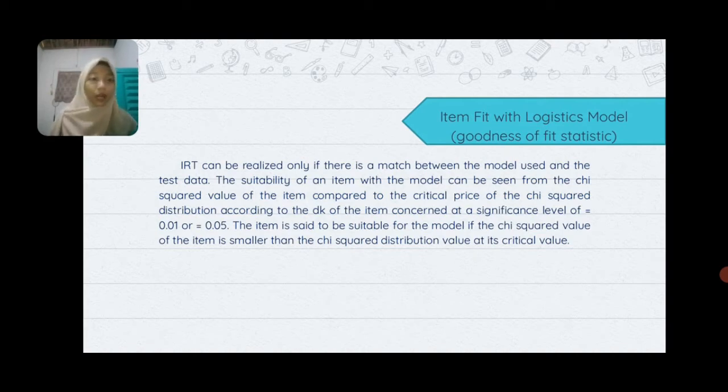The suitability of an item with a model can be seen from the chi-square value of the item compared to the critical value of the chi-square distribution, according to the degrees of freedom of the item concerned, at a significance level alpha, where alpha is equal to 0.01 or 0.05. Then the item is said to be suitable for the model if the chi-square value of the item is smaller than the chi-square distribution value at its critical value.